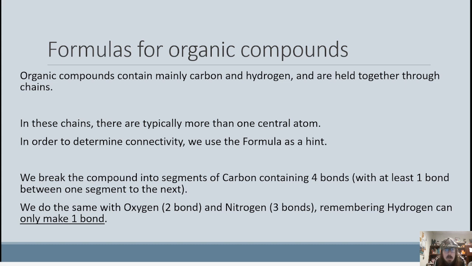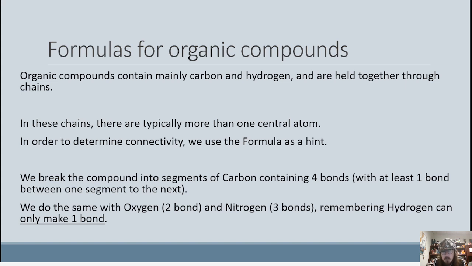We're going to break this compound down into individual segments, knowing that carbon will typically contain 4 bonds. Even if that carbon is on the end, it will typically need one of those 4 bonds to be bonded with something else. So we must always continue the chain.